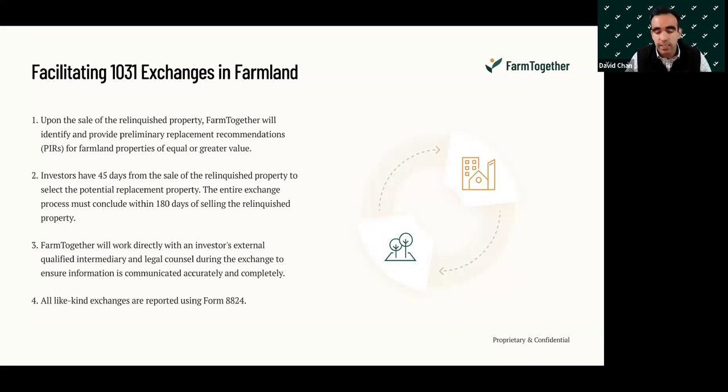The exchange would need to be concluded within a 180-day period, so roughly 6 months after, in our example, January 1st. So by June 30th, you would need to actually close on the purchase of your replacement property. And we would work with a qualified intermediary like Stephen and a group like Affiliate 1031 during this period to help facilitate the exchange.